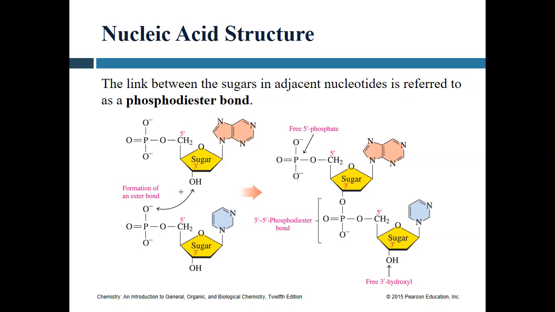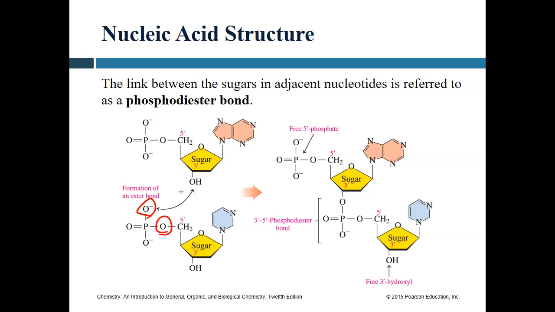And in doing so, that phosphorus is going to create 2 places where it can make these bonds. And these bonds are more similar to ester bonds than they are to ether bonds. So we've got the phosphorus center, that's the phospho part, and we've got these 2 ester bonds.